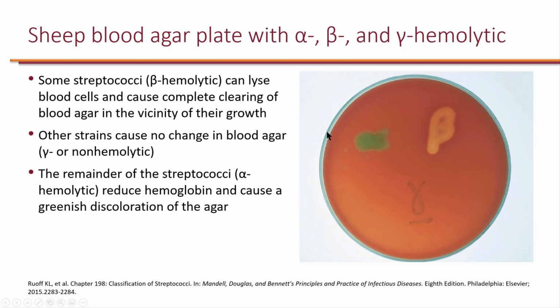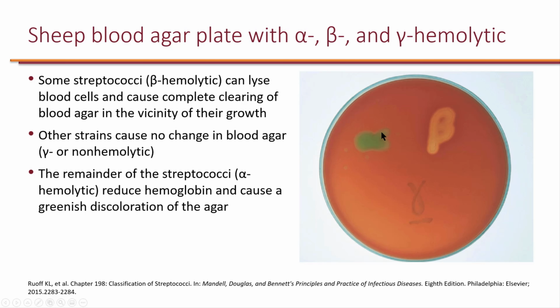We use sheep blood, and we let these organisms grow and see what they do to the blood cells. The beta hemolytic group, which you can see in this picture, lyse blood cells, so they break it down and clear the blood, and that's called beta hemolytic strep.